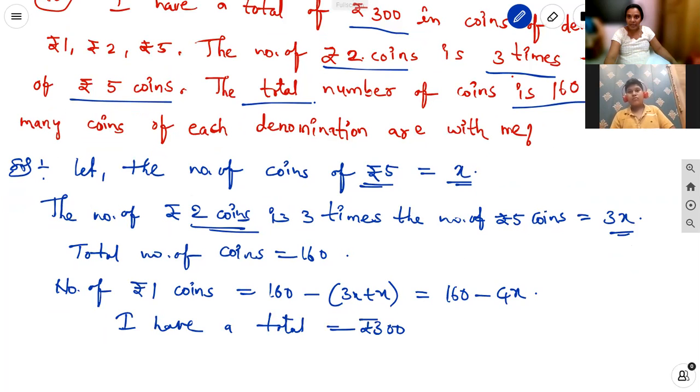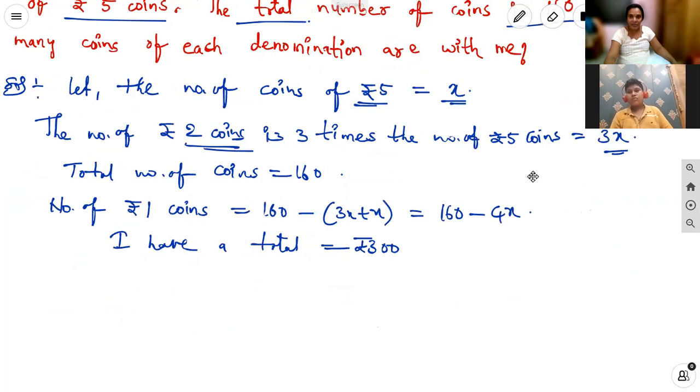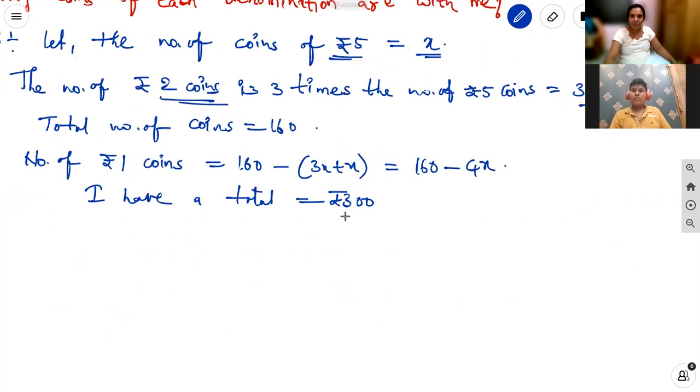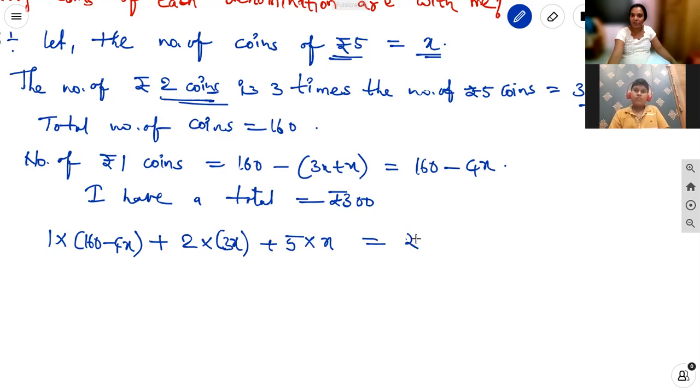So we can calculate the number of coins with the corresponding rupees. So 1 rupee into (160 minus 4x) coins plus 2 rupee into 3x coins plus 5 rupee into x coins equals the total amount, 300 rupees.